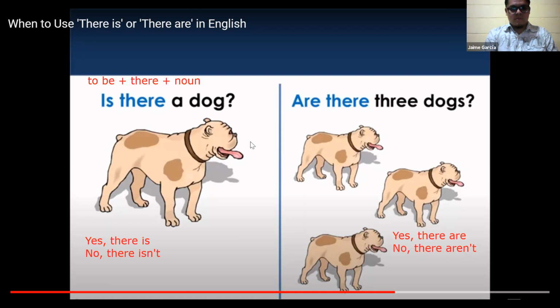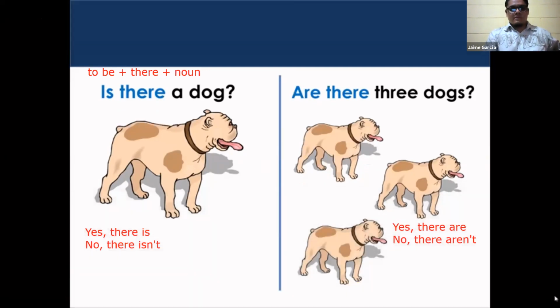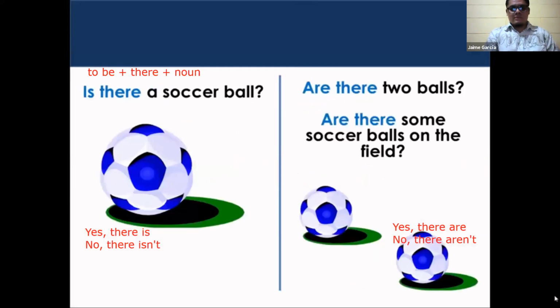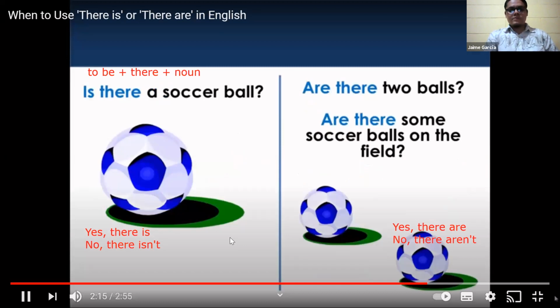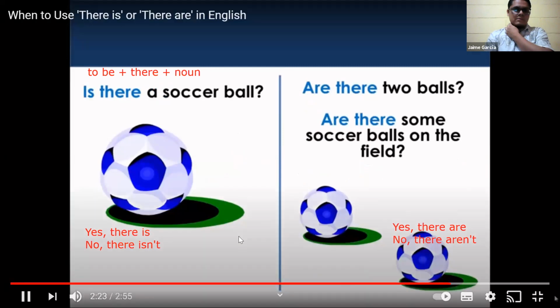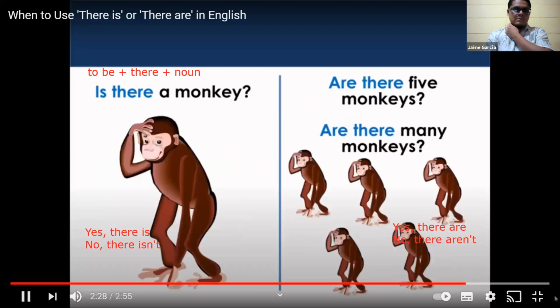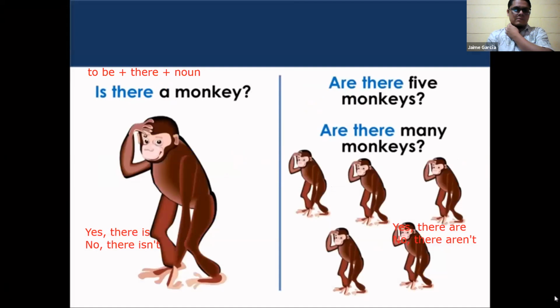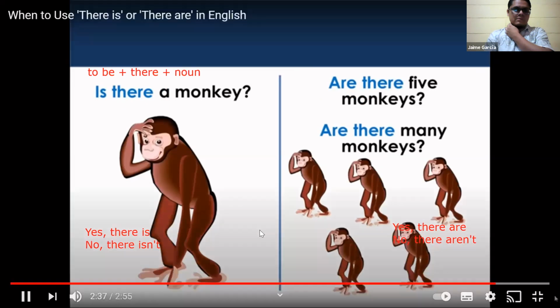Okay, let's continue. Yes, there are. Is there a soccer ball? Are there two balls? Or are there some soccer balls on the field? Again, you're asking if there's more than one if you're using are there. Is there a monkey? Are there five monkeys? Or are there many monkeys?